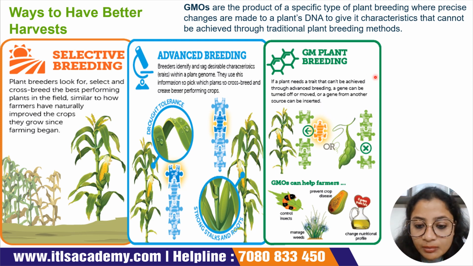And finally, talking about GM plant breeding. Here, if the plant needs a trait that cannot be achieved through advanced breeding, then a gene can be turned off or moved, or a gene from another source can be inserted.